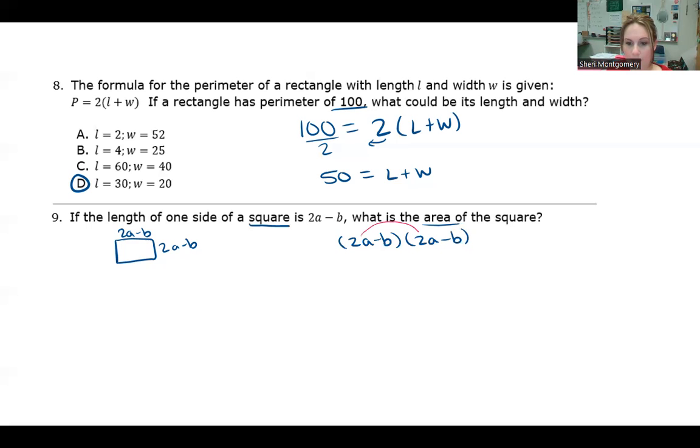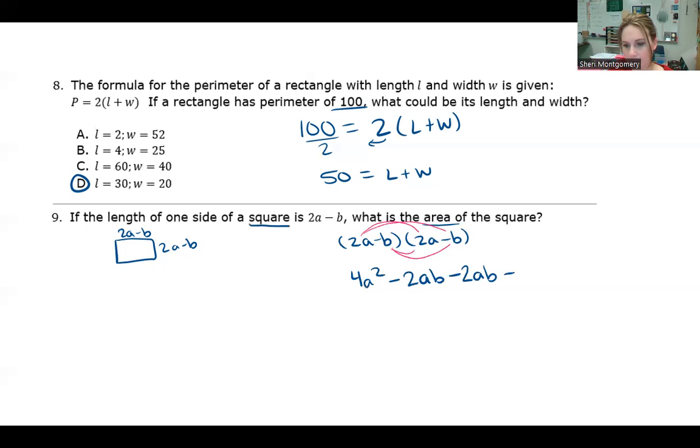We have 2a times 2a. We're going to multiply all these out. 2 times 2 is 4. a times a is a squared. 2 times negative 1 is just negative 2. a times b is a times b. And then we get another minus 2ab.